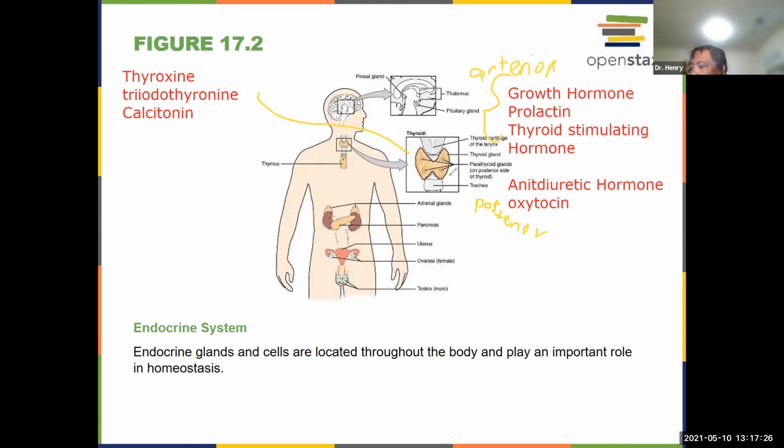The parathyroid, we have PTH, which is the parathyroid hormone.